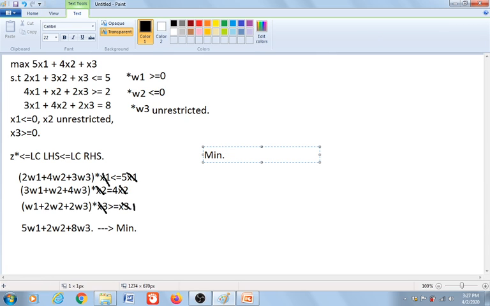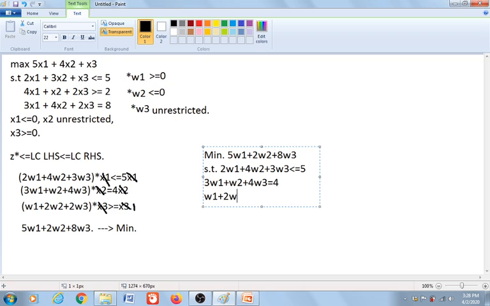It is min 5w1 + 2w2 + 8w3 subject to 2w1 + 4w2 + 3w3 ≤ 5, 3w1 + w2 + 4w3 = 4, w1 + 2w2 + 2w3 ≥ 1, and w1 is positive, w2 is less than or equal to 0, and w3 is unrestricted.